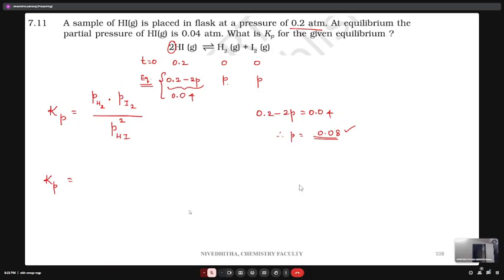Children, can you please do it again? It is not 0.16. Shall we do it together?